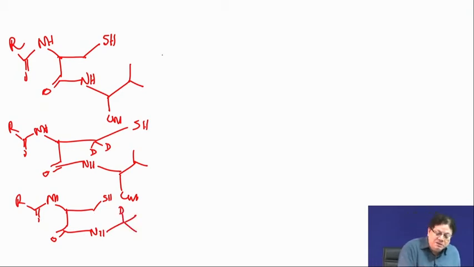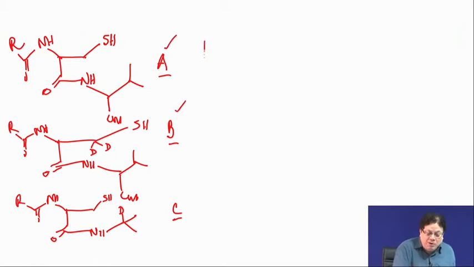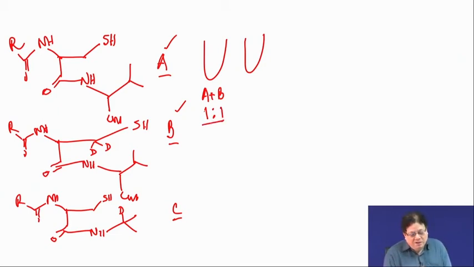Suppose this is A molecule, this is B molecule and this is C molecule, and then A and B are mixed together. So, now you have two test tubes. Here it is A plus B, just for assumption, 1:1, and in another test tube you mix A plus C, that is also 1:1.